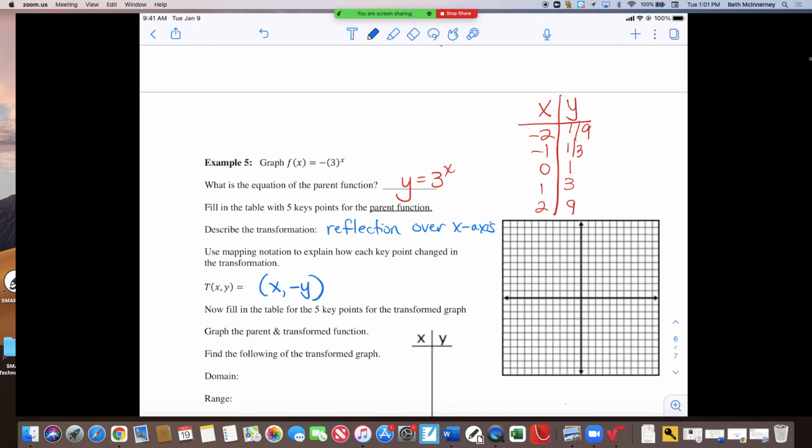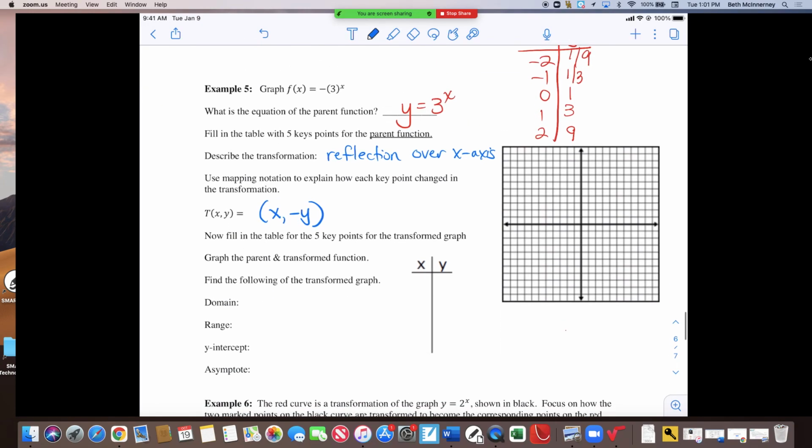If I want to reflect over the x-axis, do you see, like if it's up here at y is 3, down here it's y is -3. That's why it's a negative y. So nothing changed with my x values. And then all you're going to do is put a negative in front of your y values.